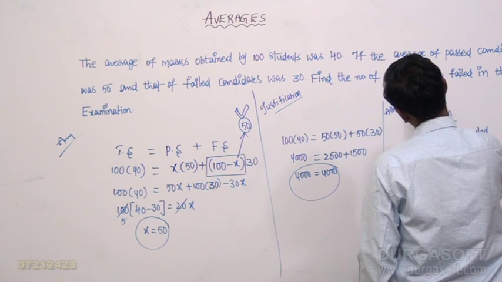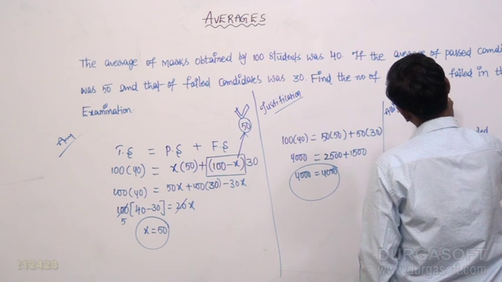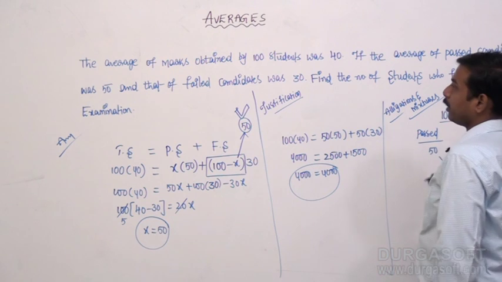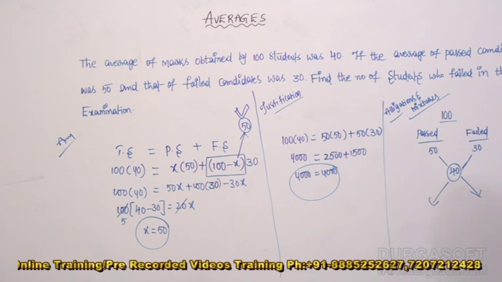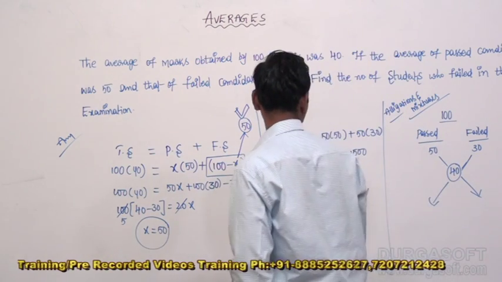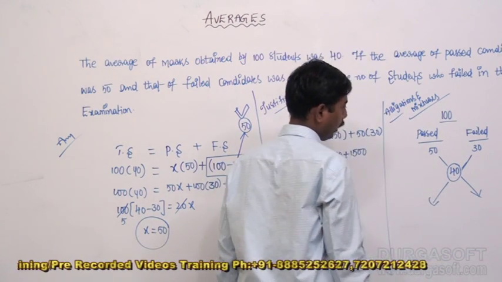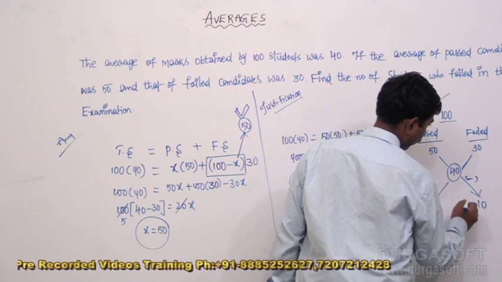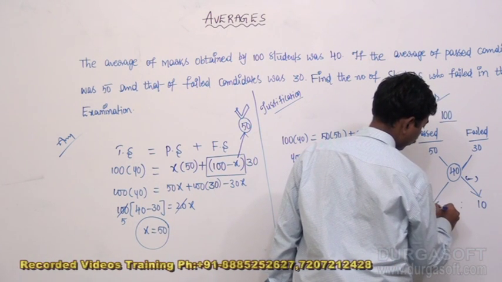Here also we can use alligations and mixtures because we came to know two quantities, passed students' average and failed students' average. 50 minus 40 is 10, 40 minus 30 is 10. It is a 1 to 1 ratio.